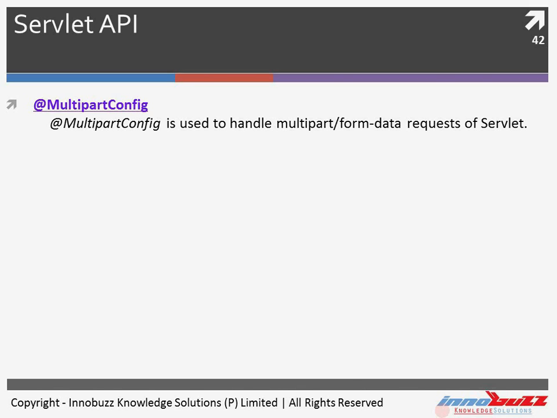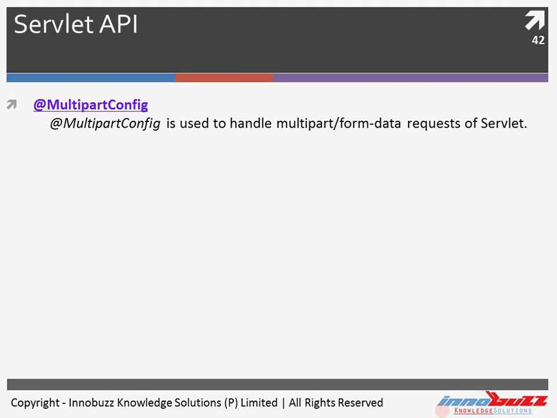So in this, it says it can handle multi-part or form data request of a servlet. This is the later version inclusion, which fulfills a very big requirement for file uploading, and this is a very useful feature.